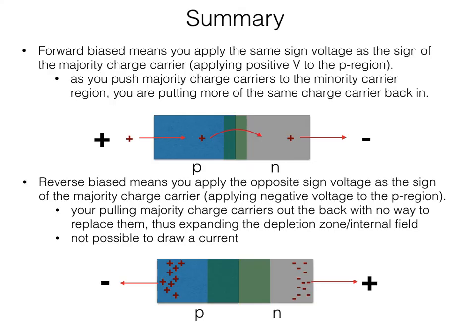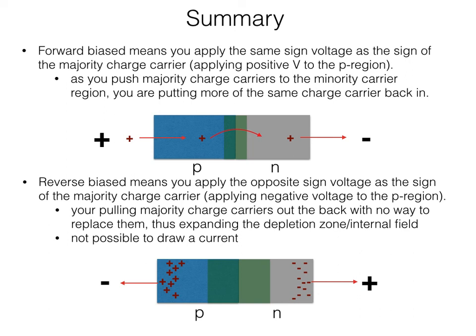So anyway, let's recap. Forward biasing, P is positive. If you apply a positive voltage to the P region, you're forward biasing your diode. Forward biasing the diode, current flows in a natural, smooth way because you're essentially pushing positive charges from the positive terminal of your voltage into the P region, but then you're pushing positive charges out of the P region into the N region and then back out of the N region to the negative terminal.